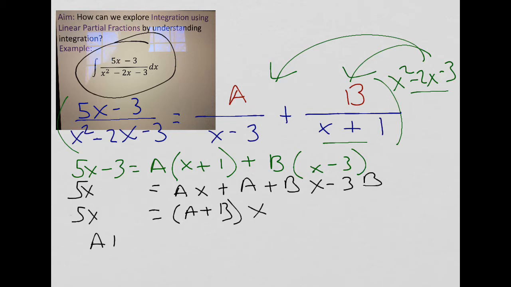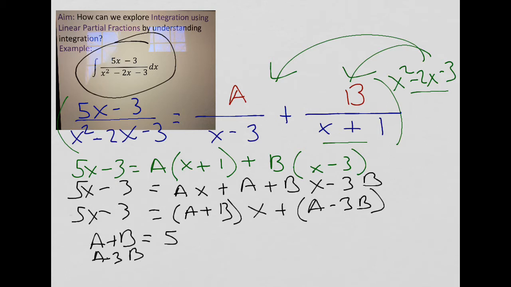So A plus B is equal to 5, that we know. And then our constants on the right-hand side are A minus 3B. My constant on the left-hand side is negative 3.